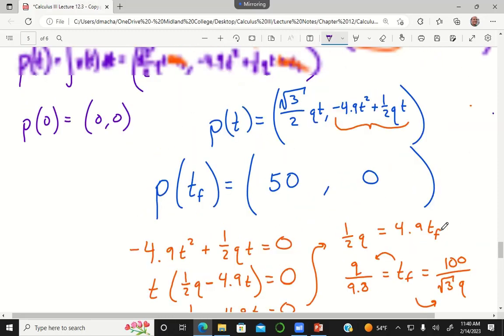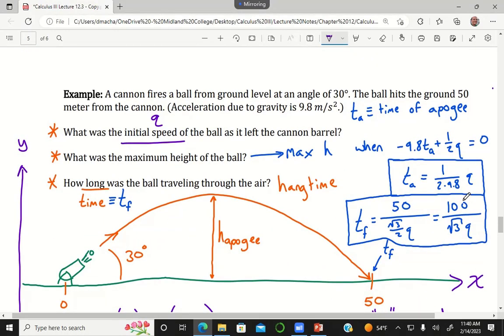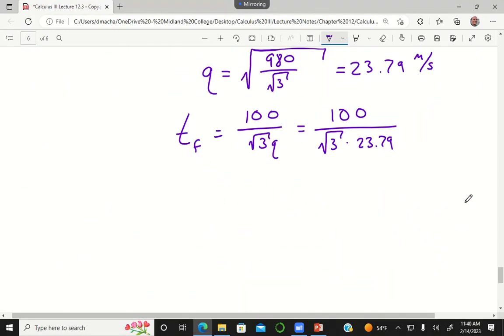Is that the right formula? Just making sure. Yeah, okay. 2.43. Okay, 2.43.